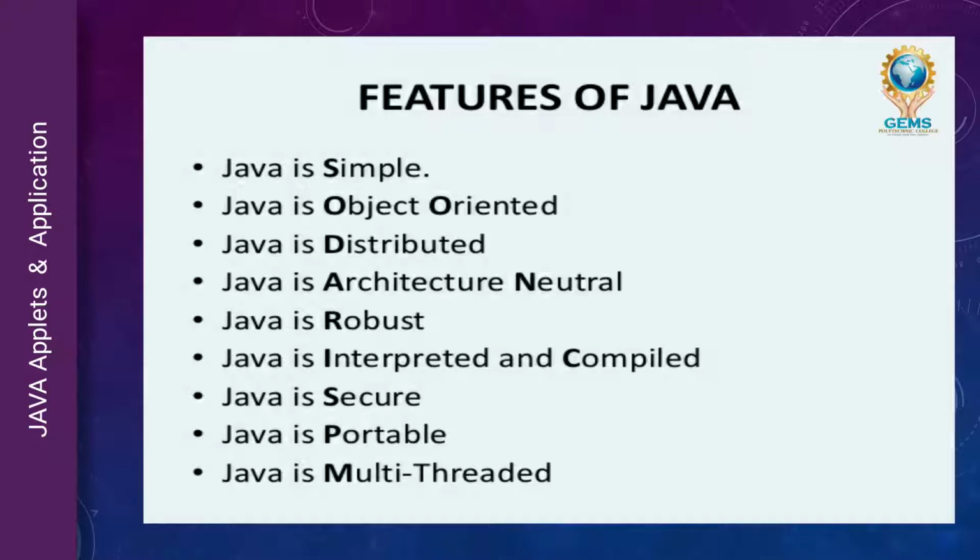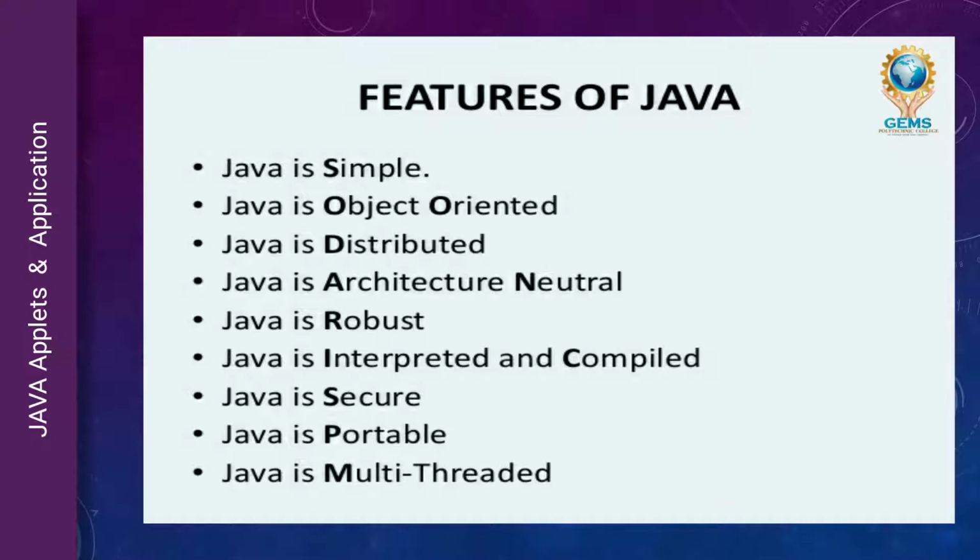One object will not depend on another object. In a procedure-oriented language, code executes in sequence, and if any interrupt occurs or anything gets stuck, the program itself will be stopped, but not in Java. Next is distributed. It is multi-functionality, and people work together through the internet, through a network, wherever they may be.